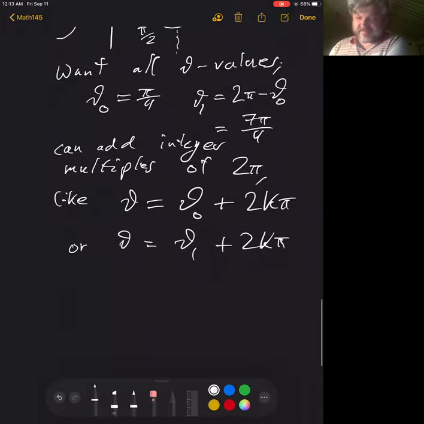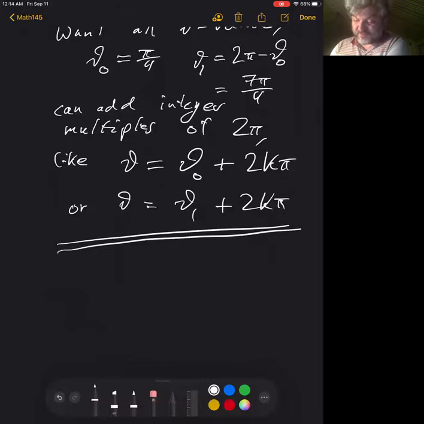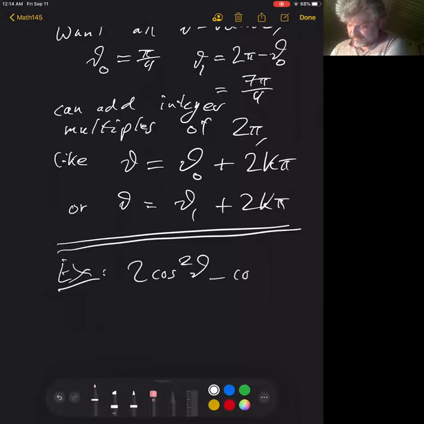And now let's do an example of a quadratic equation. We'll do more examples in lecture. So here's my quadratic equation. 2 cosine square theta minus cosine theta equal to 0.